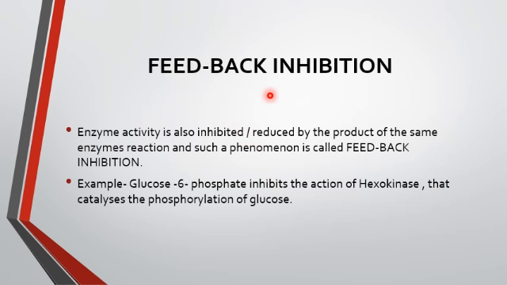Feedback inhibition: enzyme activity is also inhibited, or reduced, by the product of the same enzyme reaction. Such a phenomenon is known as feedback inhibition. For example, glucose 6-phosphate inhibits the action of hexokinase, which catalyzes phosphorylation of glucose.